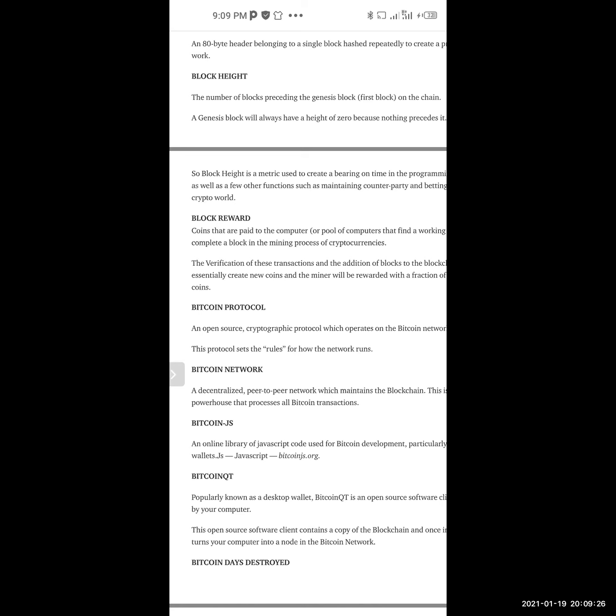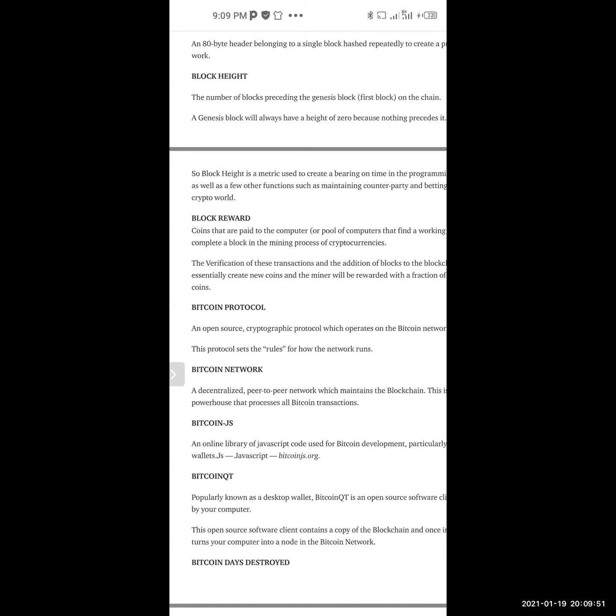A block reward was 12.5. But after the halving, which is a process whereby the quantity of a cryptocurrency that can be generated reduces by half, the block reward is the reward that the miners get after solving complex mathematics.